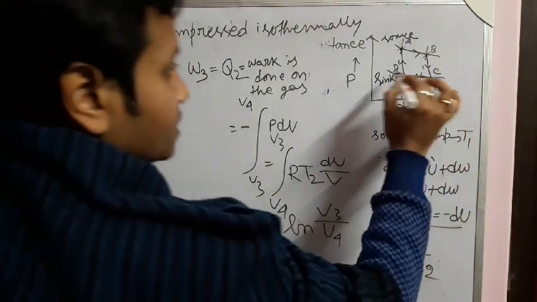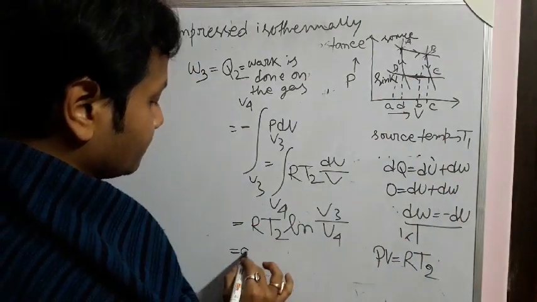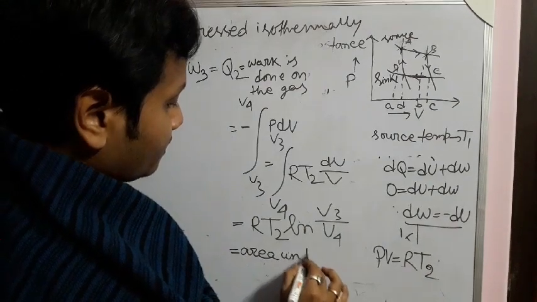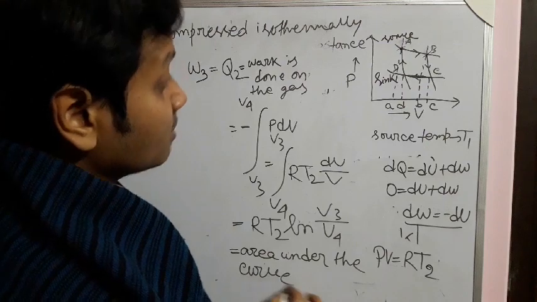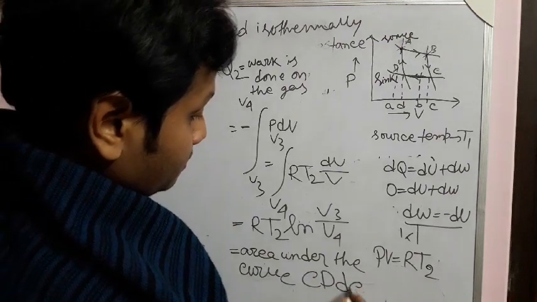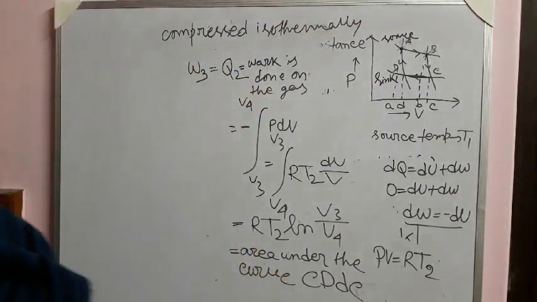Okay, so this represents the area under the curve CD. Okay, just remember this.